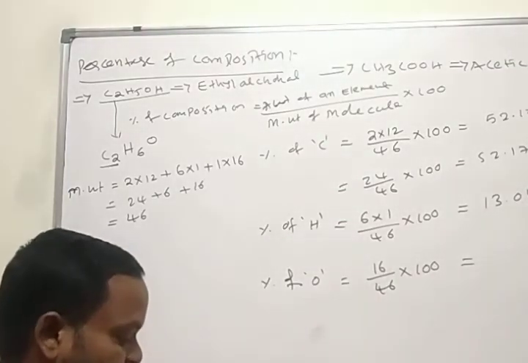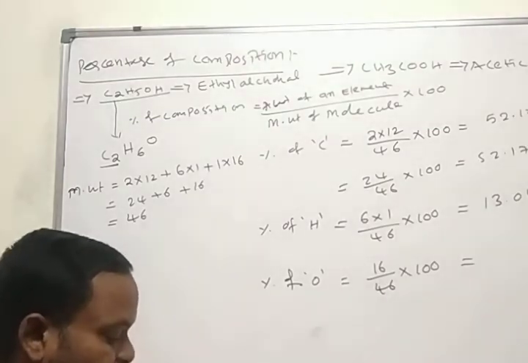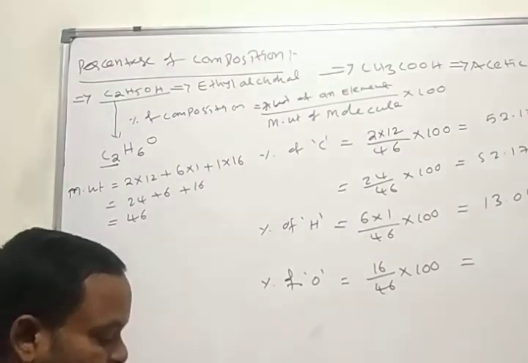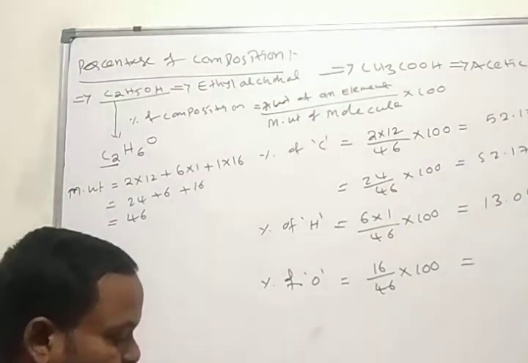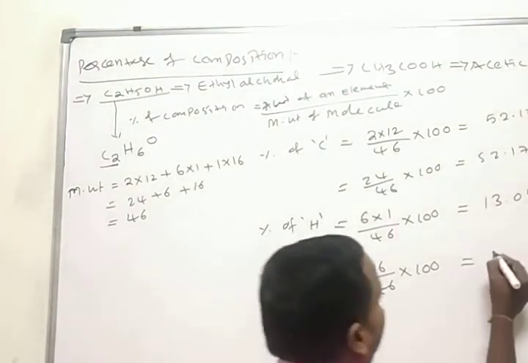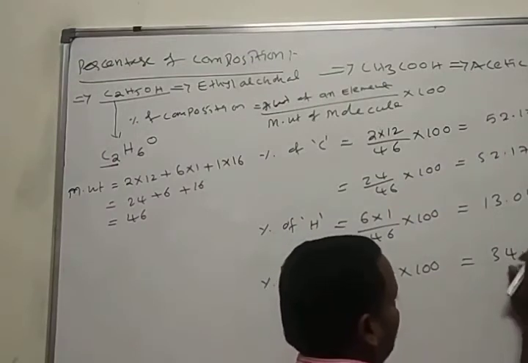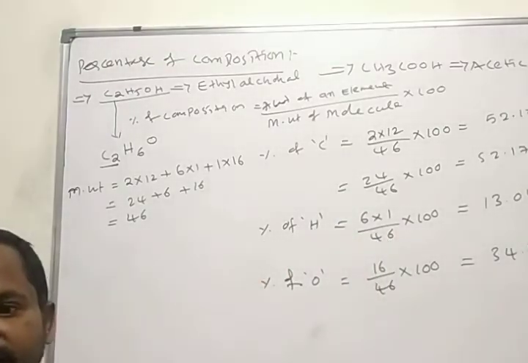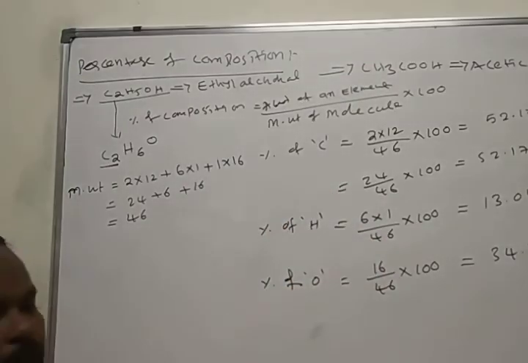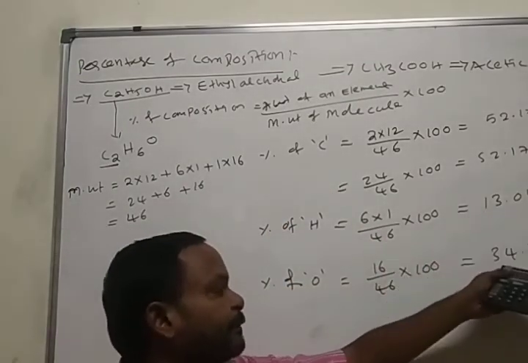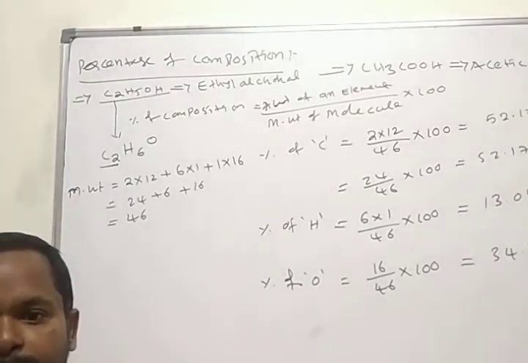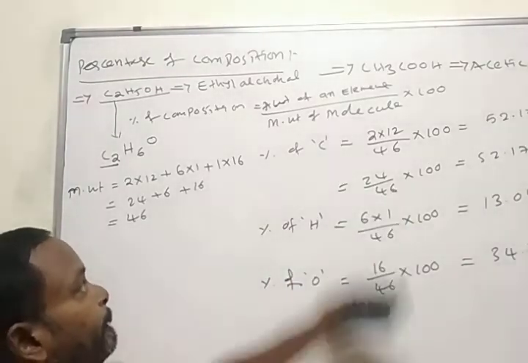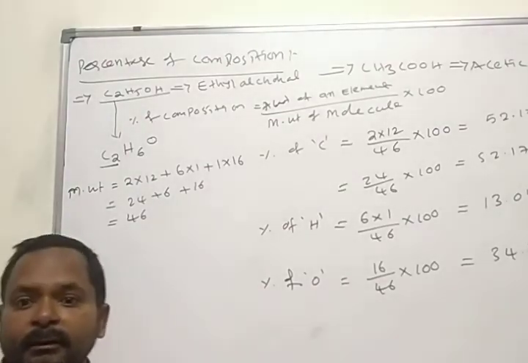Next, 16 divided by 46 into 100 is 34.78 percentage of oxygen. Total 100: 52 plus 13 plus 34, total 100.